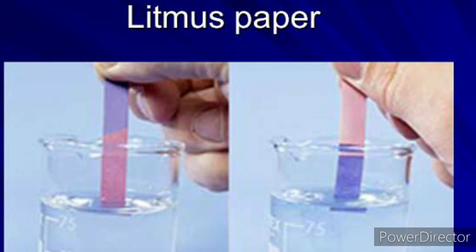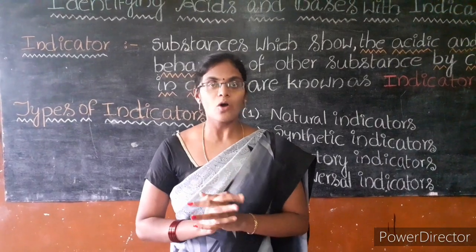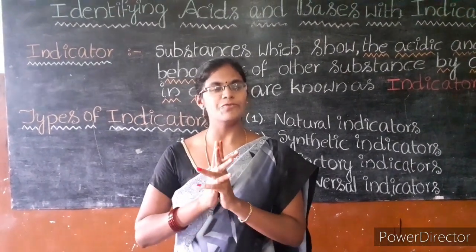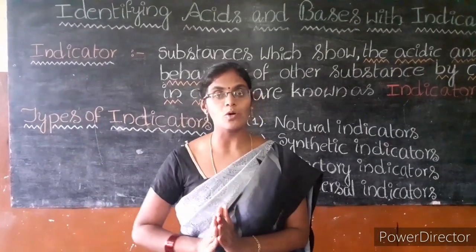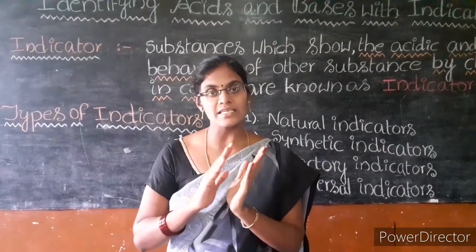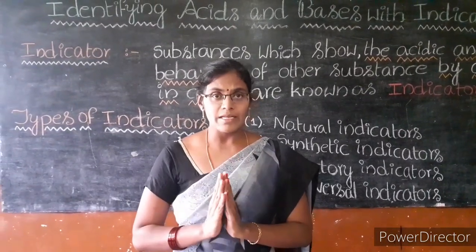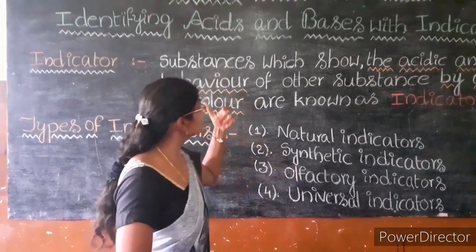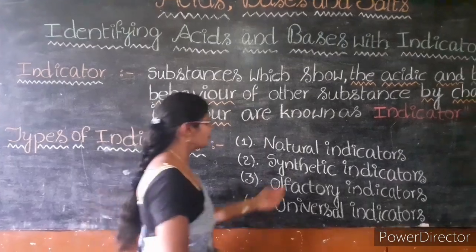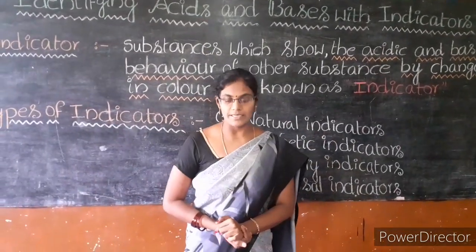Similarly, red litmus paper turns blue when dipped into bases. We already discussed this information very clearly in our previous video, where I tested acids and bases with litmus papers. Now I will demonstrate testing acids and bases with some more natural indicators.